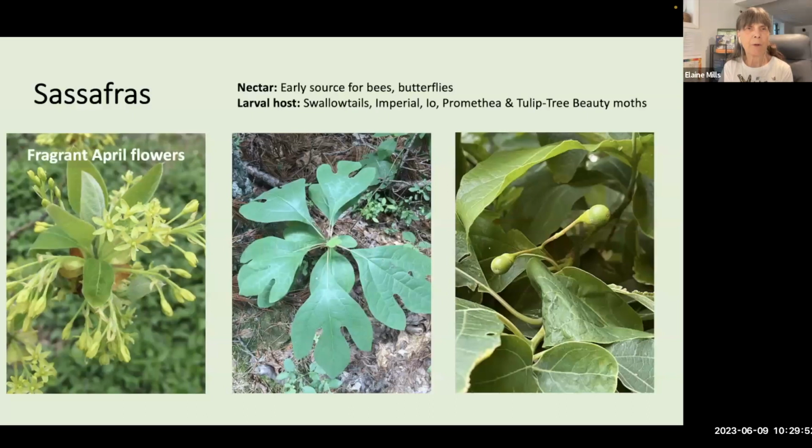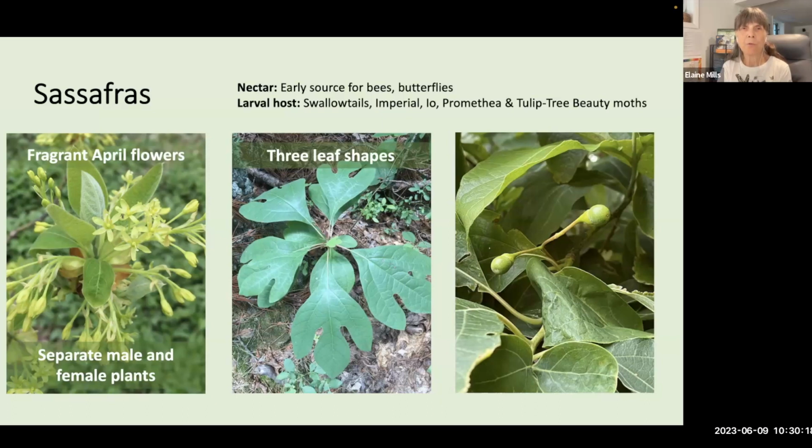Sassafras has fragrant April flowers on separate male and female plants. In other words, the species is said to be dioecious. This plant provides nectar as an early source for both bees and butterflies. It's recognized as unusual because of 3 different leaf shapes: oval, mitten-shaped, and 3-lobed.